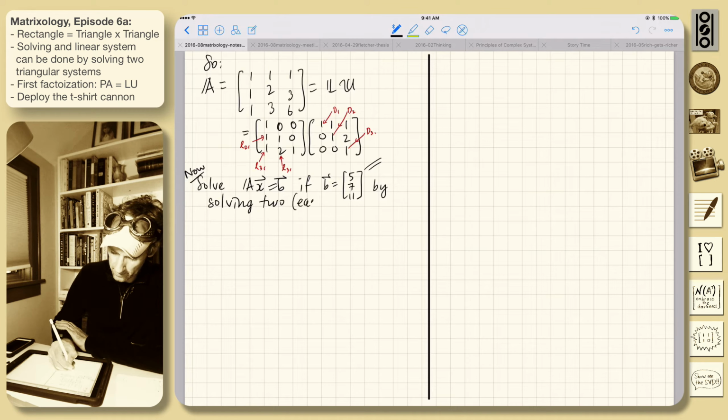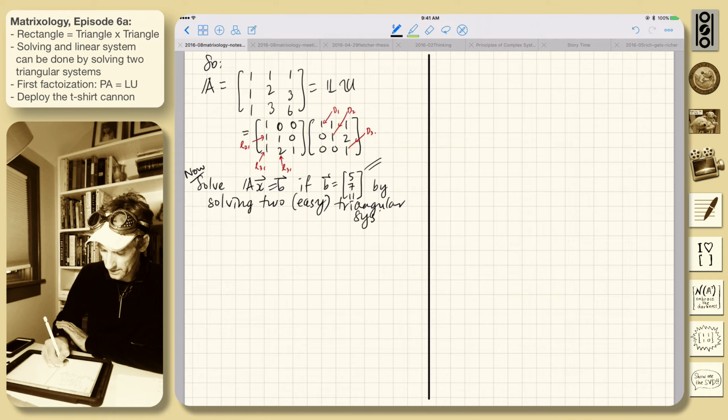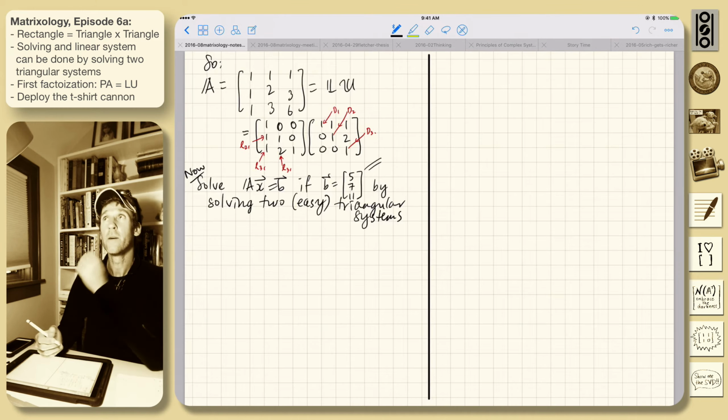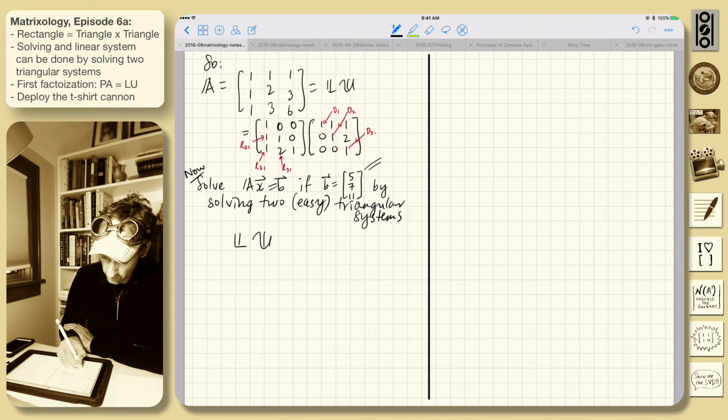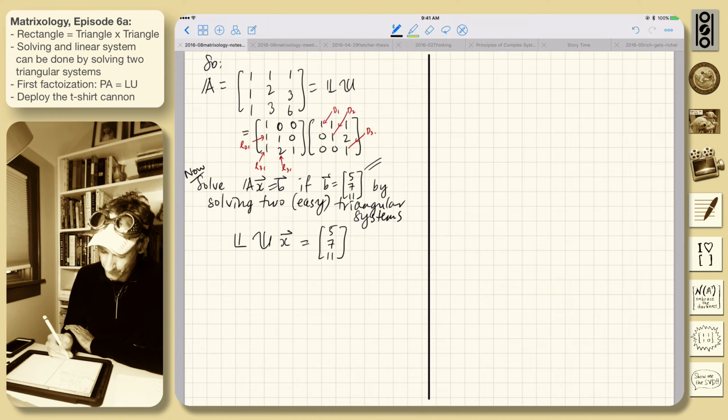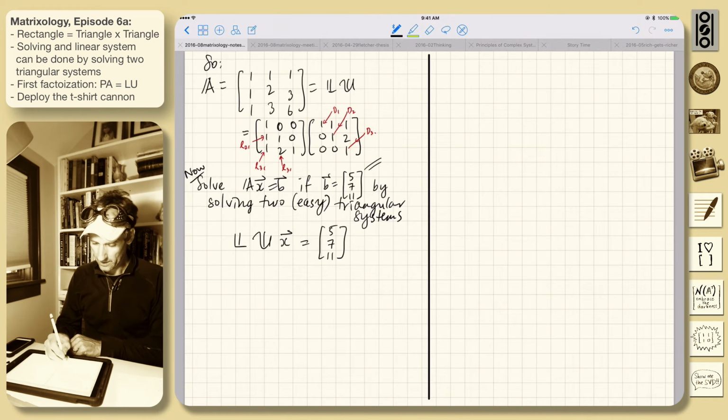And these are easy because they're triangular systems. So let's get them in order. We're going to just replace A, so we have LUx equals 5, 7, and 11, equals b. That's our b.